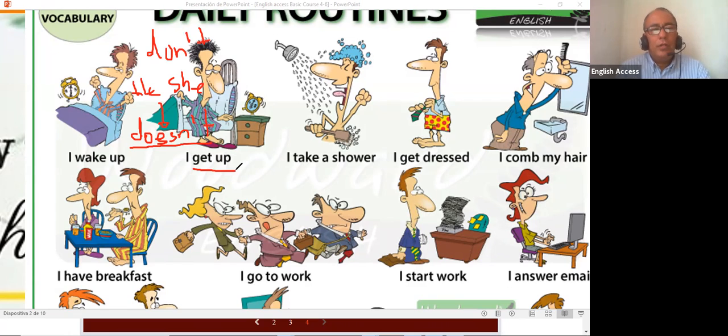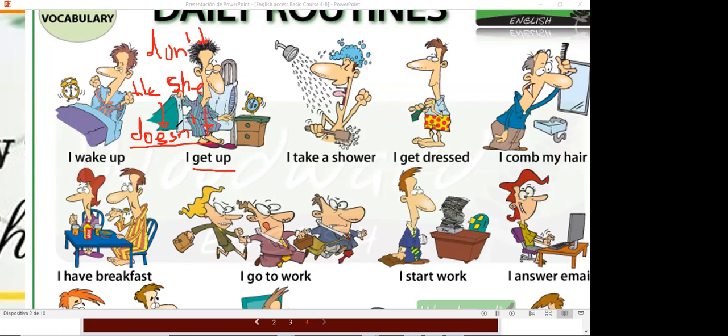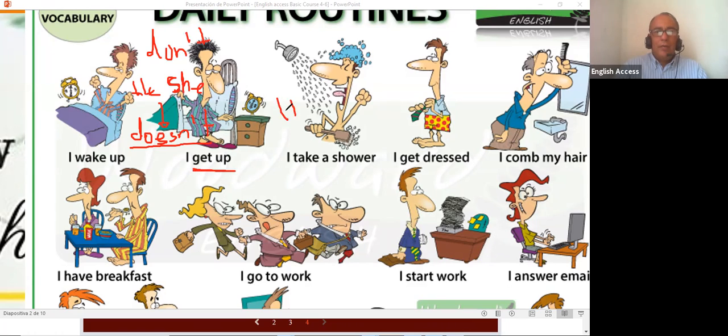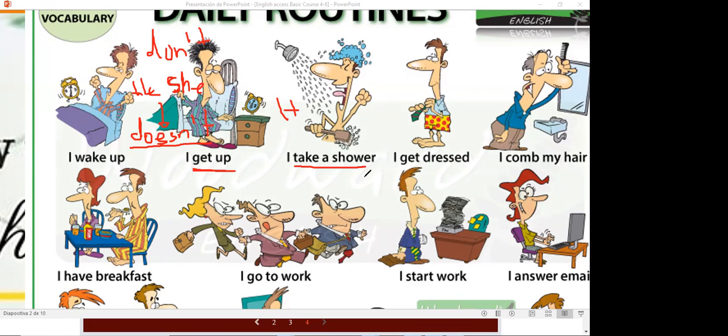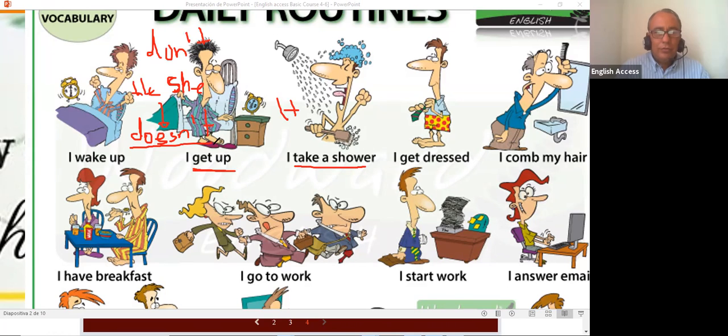Y ya no cambio. Por ejemplo, ella no se levanta, ¿cómo sería? She doesn't get up. Exacto. Que él no se baña, a ver, he doesn't take a shower. He doesn't take a shower. Y en este caso, con he o she, así va a ser siempre.